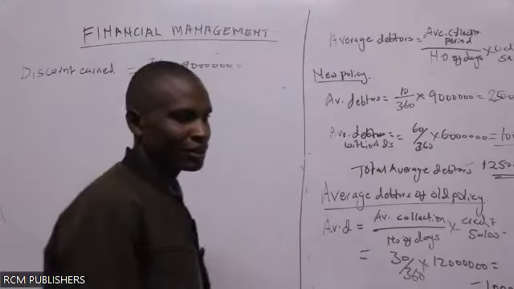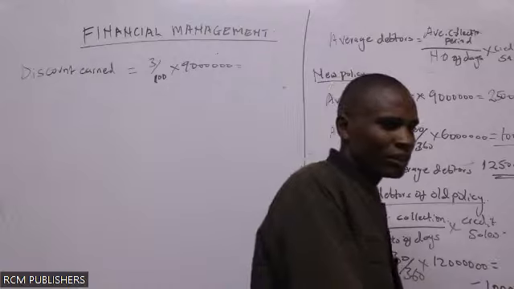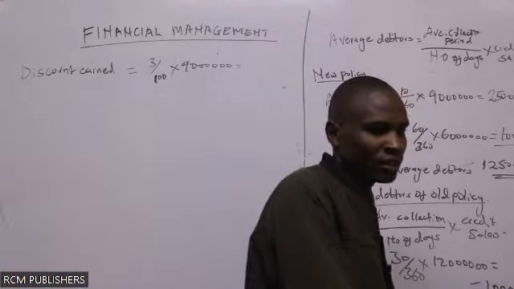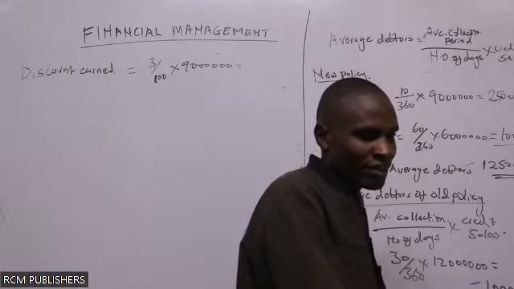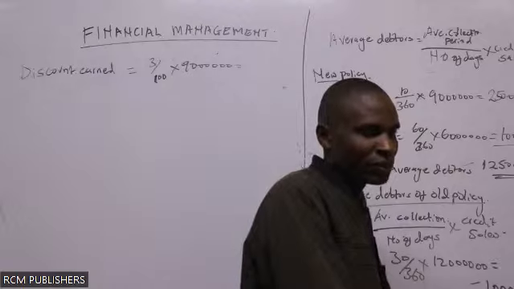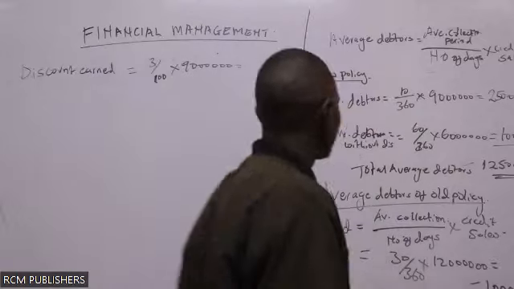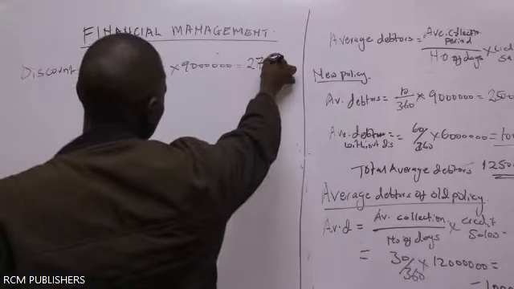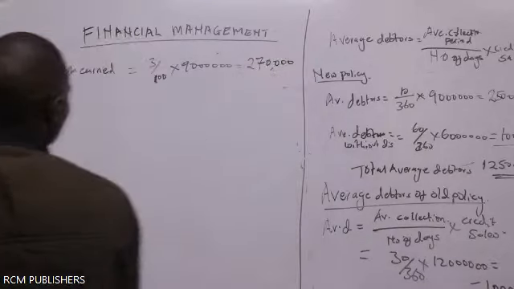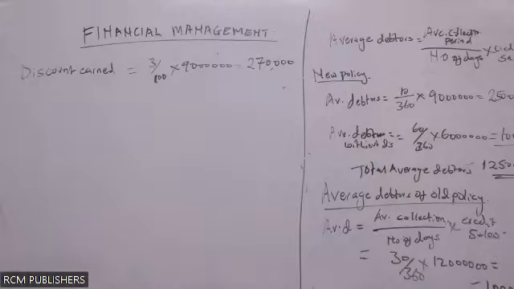As a percentage, discount 3% of that amount. Yes, it's in 270. Now you know the discount is a percentage. So the first person will be okay. Yeah, percentage. Thank you.